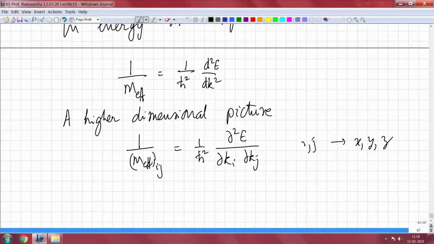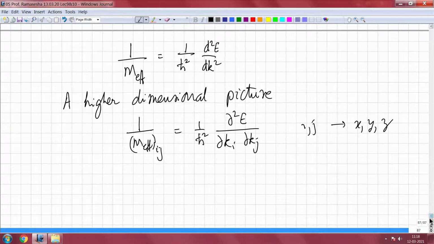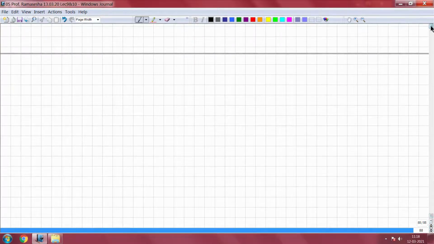So, this is an interesting way of looking at the curvature in the energy band, and what we can say about this is the following.